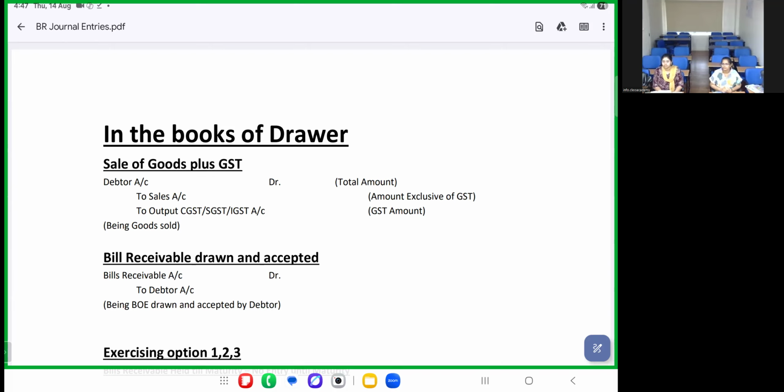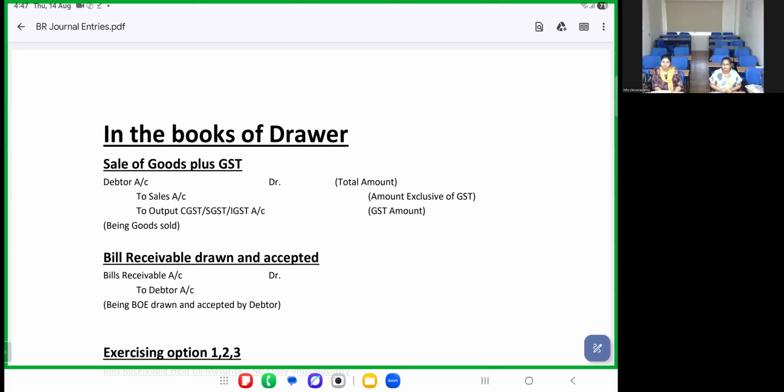What if it is a credit sales? What if it is a sales with GST? To output GST. Output CGST, SGST, or IGST, whatever it is. So this is the very first entry whenever they tell there is a sale or a purchase.